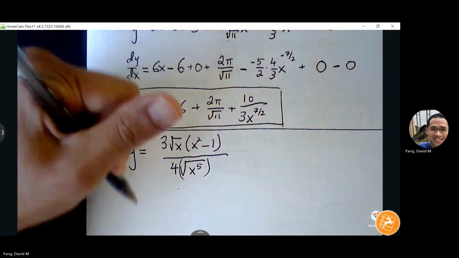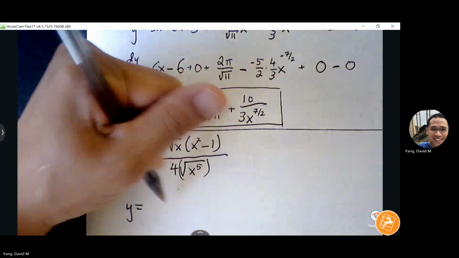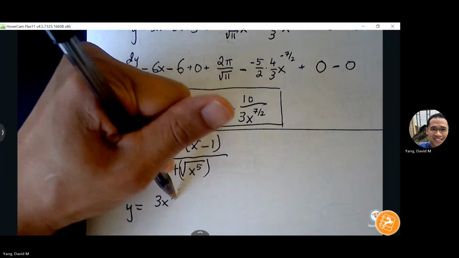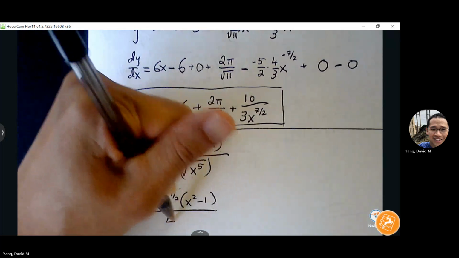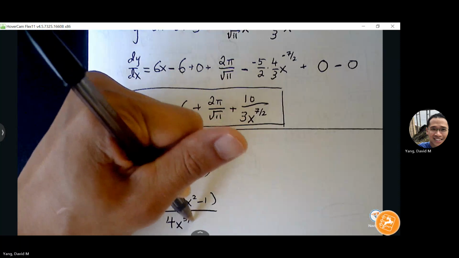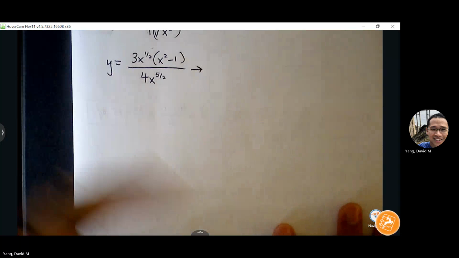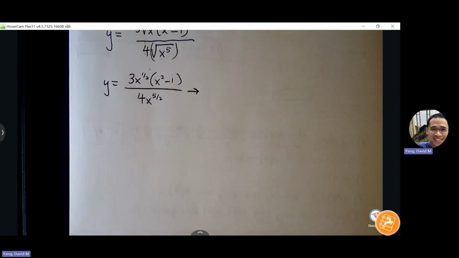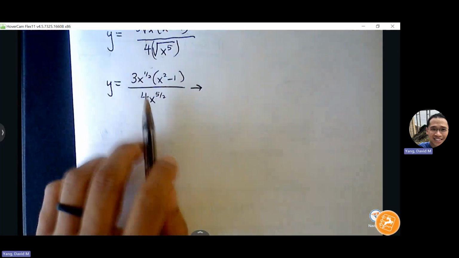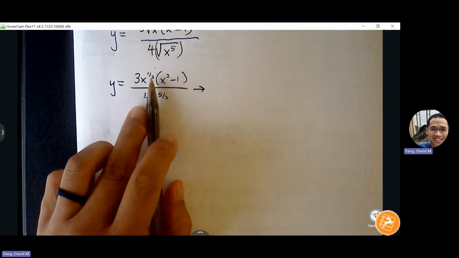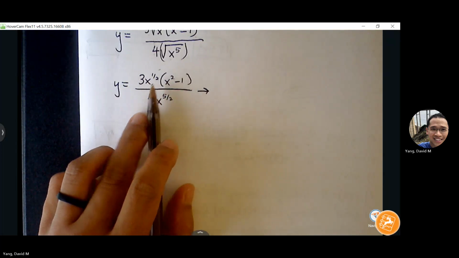So we're working on our cleanup stage here. Okay, I'll distribute the 3x through 3x to 1/2. So how do I merge these exponents here? Add them.